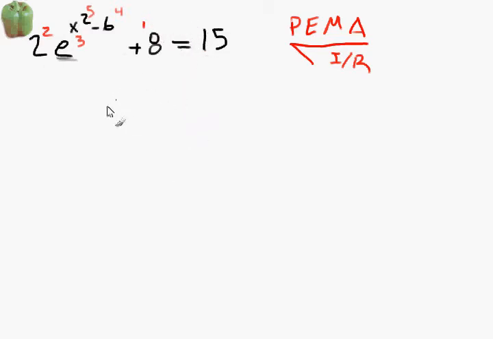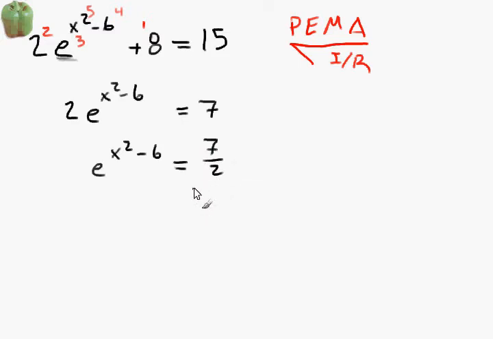I mean, we just subtract 8 from both sides. Then we're going to need to divide by 2. And we're done. It's now time to apply the natural log.